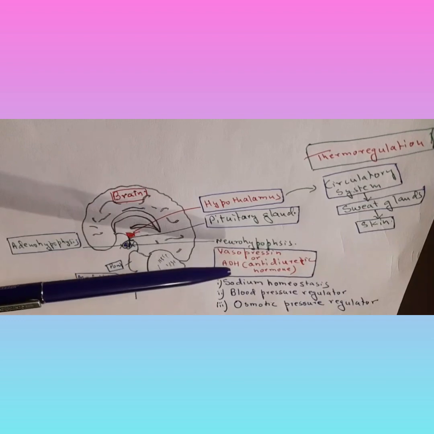neurohypophysis. Neurohypophysis generates vasopressin, or we call it antidiuretic hormone, which is responsible for taking care of our workout activity or any other physical exertion that our body is doing. Now what does it do?